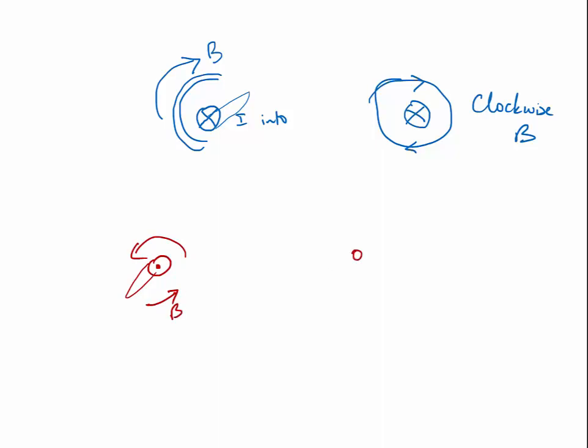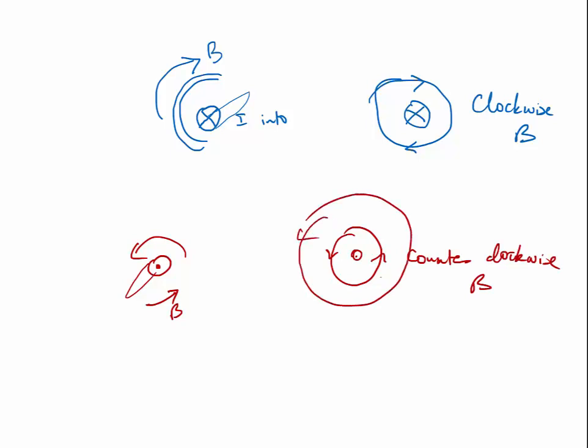So if I have a wire like this, the magnetic field for it will be counterclockwise. By the way, this counterclockwise is the magnetic field line, right? So if I go further out, it's still going to be counterclockwise. If I still go further out for this one, it's going to be clockwise. So those are magnetic field lines, which tell you what the magnetic field looks like in a region of space.